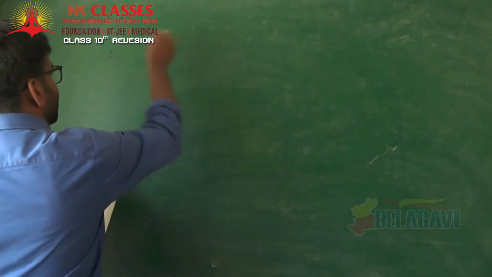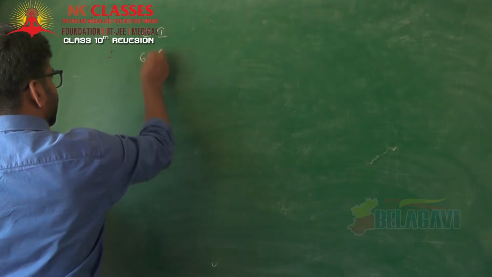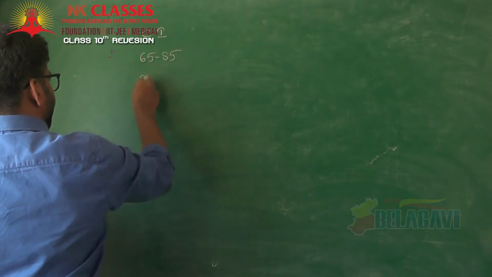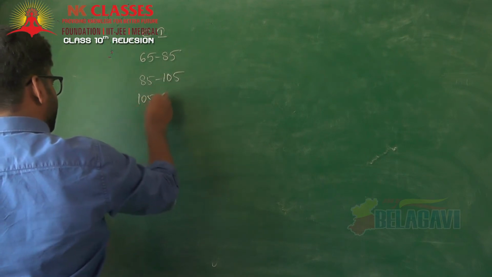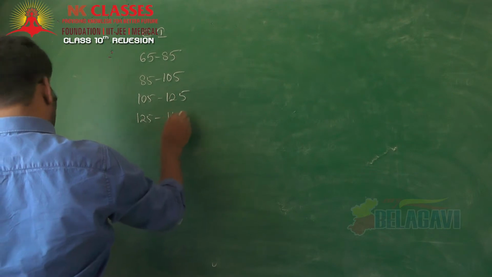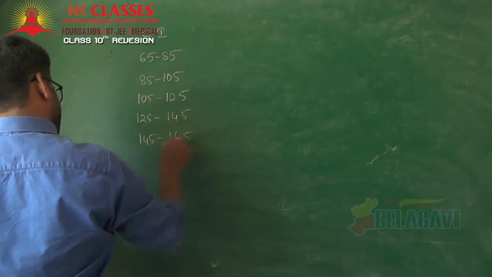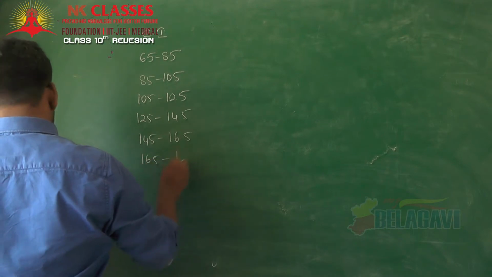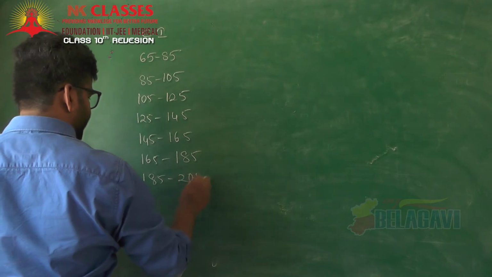The monthly consumption, that is the class intervals, are 65 to 85, 85 to 105, 105 to 125, 125 to 145, 145 to 165, 165 to 185, 185 to 205.